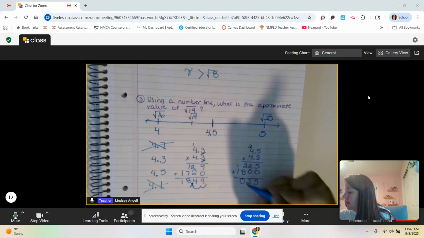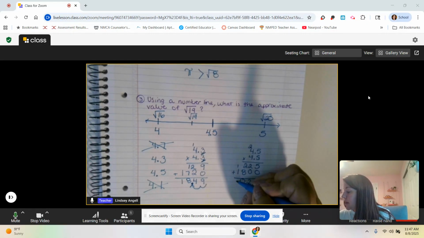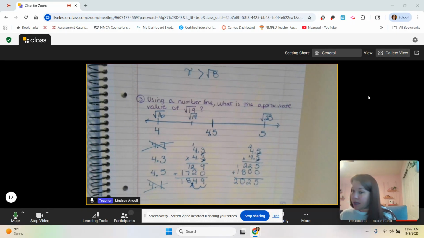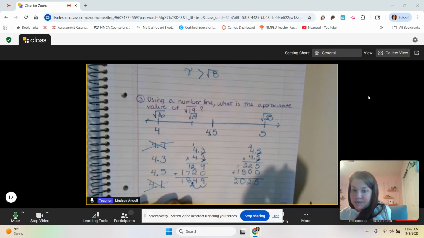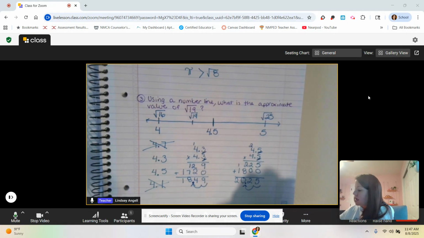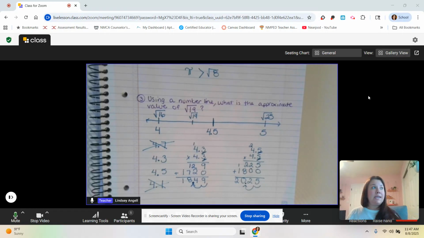Drop my 0. Carry my 1. And 1 plus 1 is 2. Once again, I have 2 numbers behind the decimal in my problem, so I need 2 numbers behind my decimal in my answer, giving me 20.25.